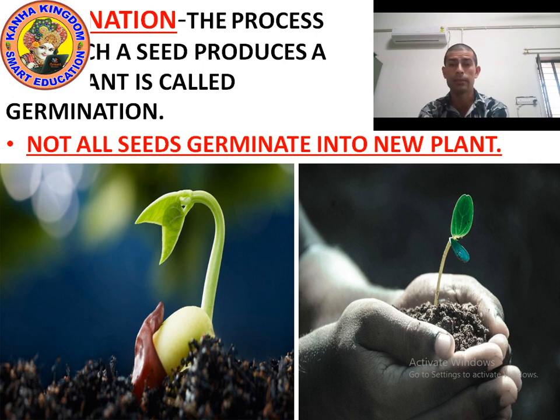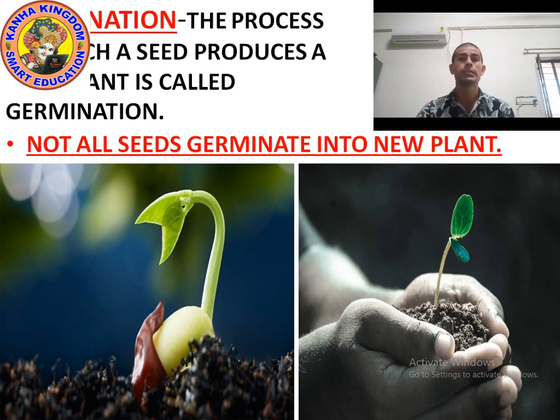Most of the plants grow from seed, and this process is known as germination, and the small plants are known as seedling. So what is germination? Once again, the process by which a seed produces a new plant is called germination.